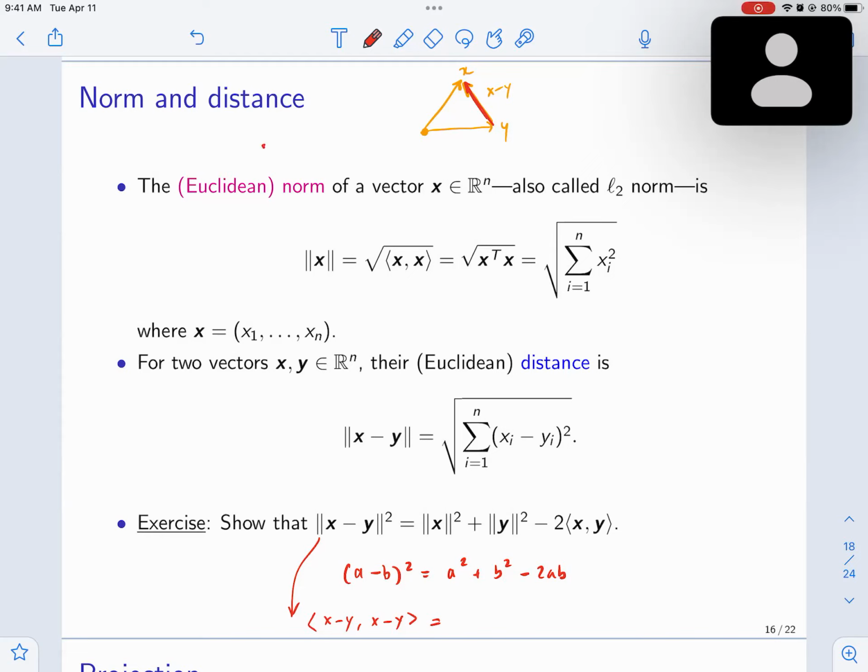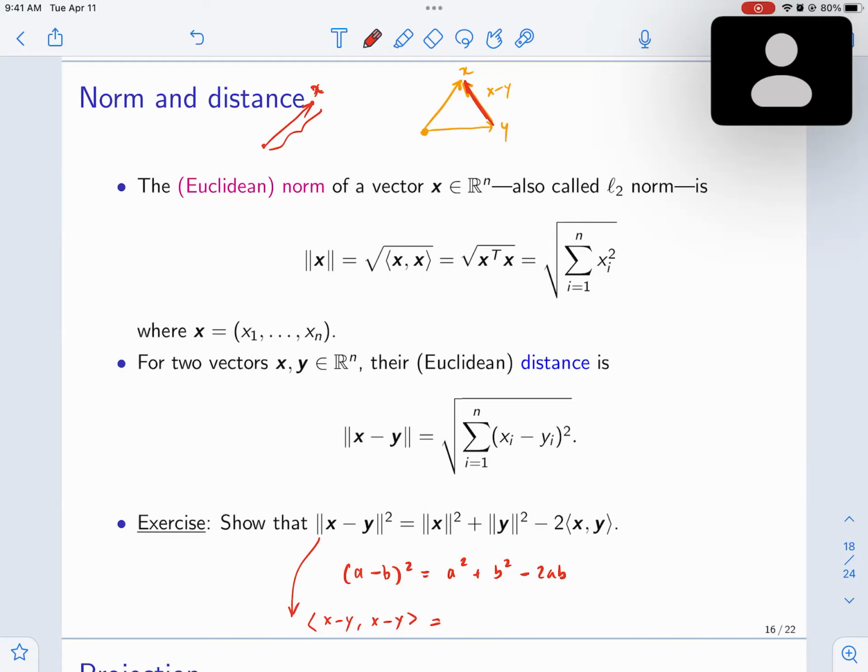So if you imagine a vector being something that's drawn from the origin to the point X, the length of that vector is given by this norm. And if you have two vectors, X and Y, the length of the difference tells you something about the distance of the two points, X and Y.